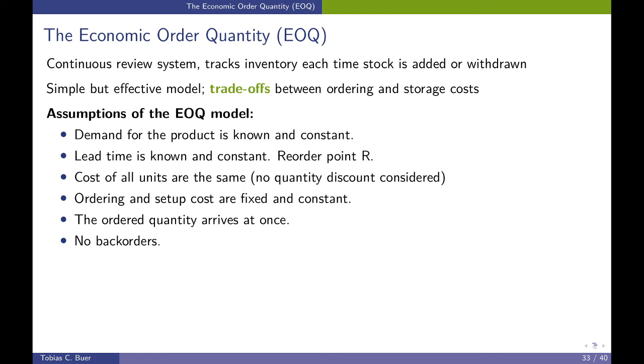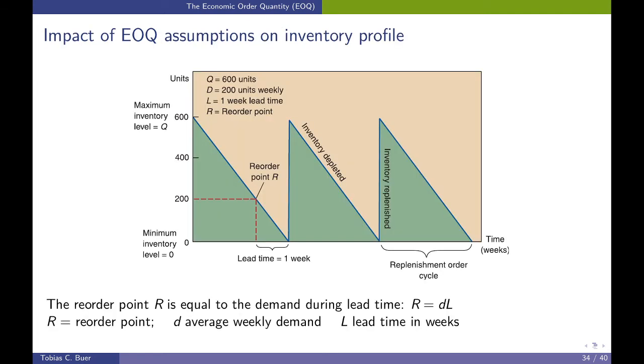Now, how do these assumptions reflect in an inventory profile? The inventory profile is the development of the stock level over time, and this is what you see here in this graphic. On the x-axis we have the time, measured in weeks, and on the y-axis we have the units of our item that are currently in inventory.